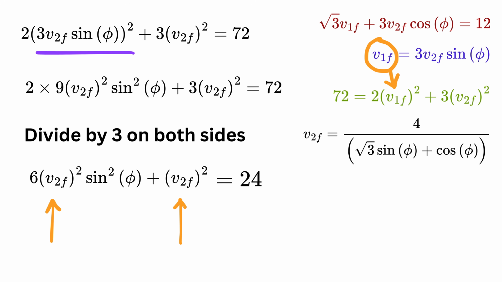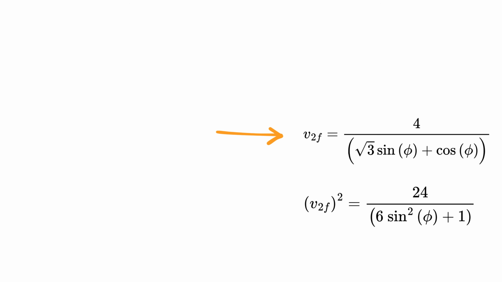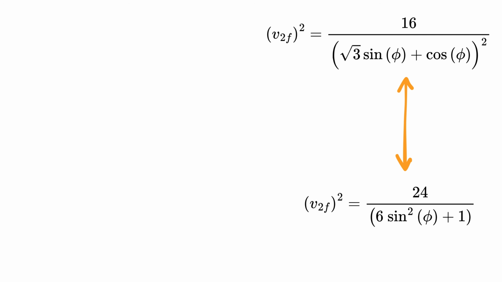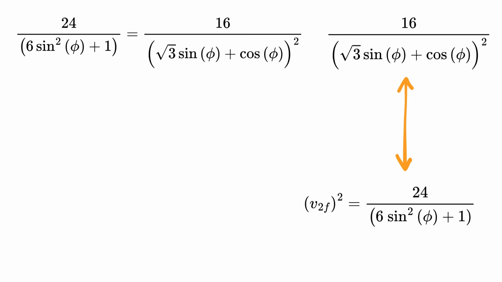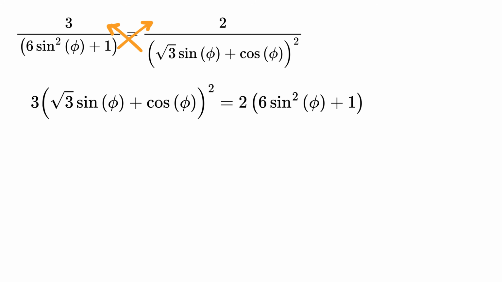Take v2f squared as common from both terms to get v2f squared times this equals 24. So we have v2f squared equals 24 over this. Now square the earlier expression to get v2f squared equals 16 over this square, and then equate both of them to get this equals this. Both of them are factors of 8, and thus we get this as 2 and this as 3. Cross-multiply them to get this.